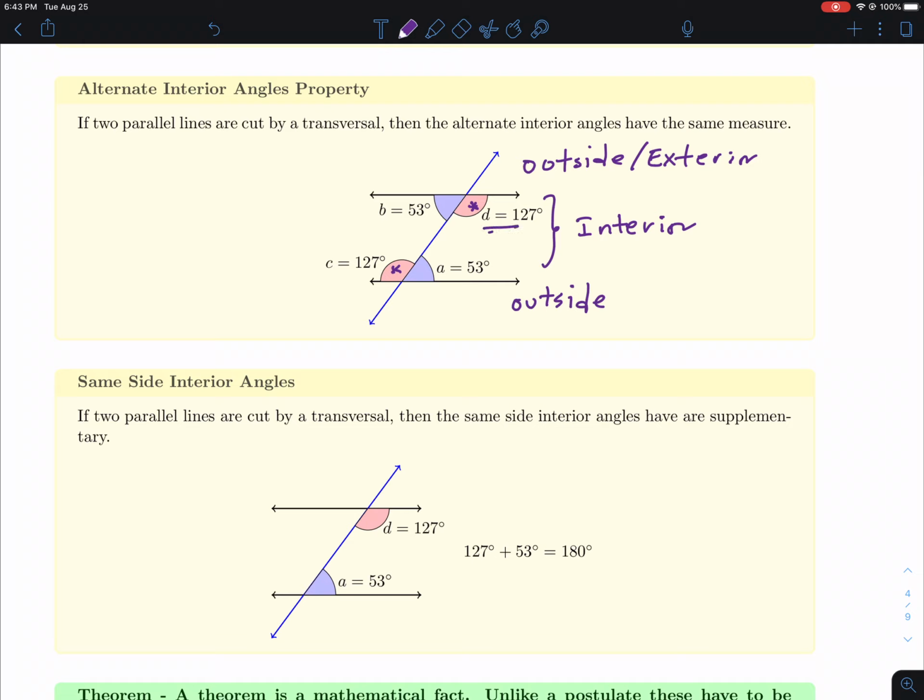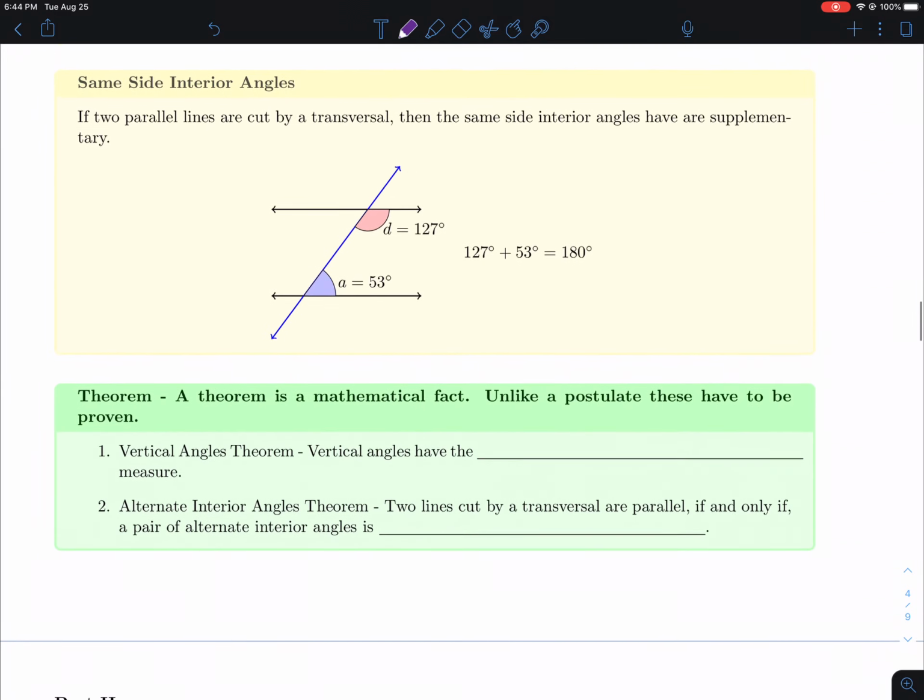In this case, we can see that angle C has a measure of 127, angle D has a measure of 127, and similarly, B and A both have a measure of 53. Again, they're alternate interior, they're on opposite sides of the transversal, and they're in the interior of the two lines. All right, very good.